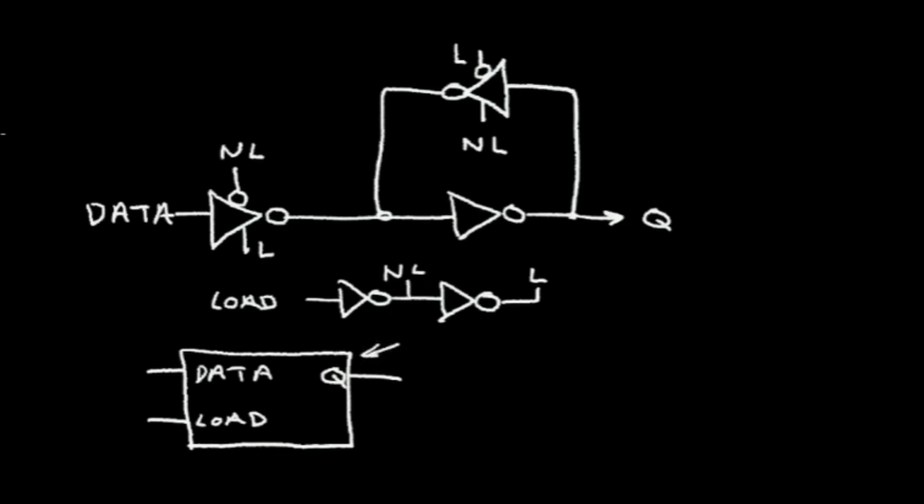Now I want to show you what I can do by changing one connection in this latch circuit. I'm going to remove this part of the circuit. And now I have an entirely different circuit just by removing that one connection. And this circuit is called a MUX, or a multiplexer.